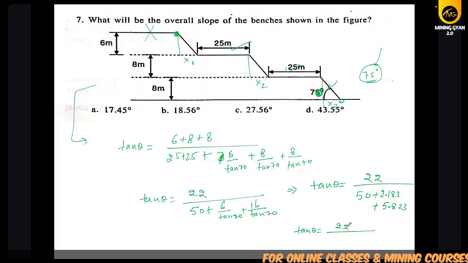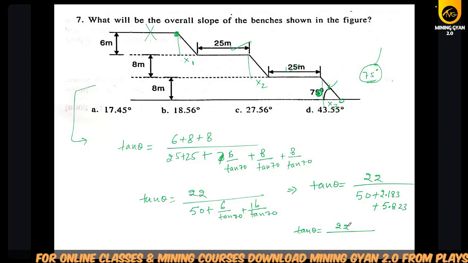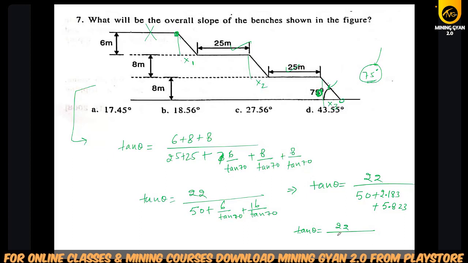So tan theta equal to 22 divided by 50 plus 2.183 plus 5.823, which will be 58.006. So theta equal to tan inverse of 22 divided by 58.006.